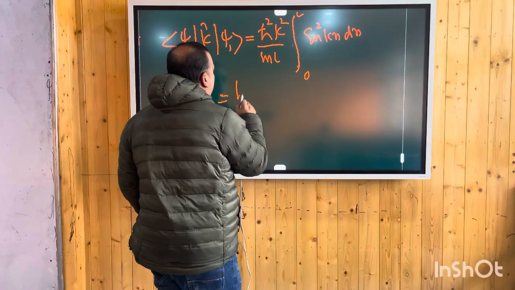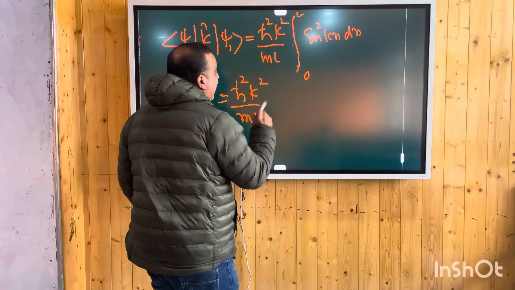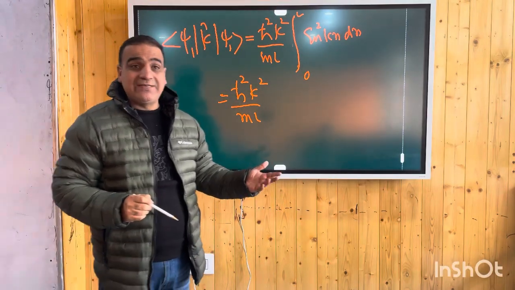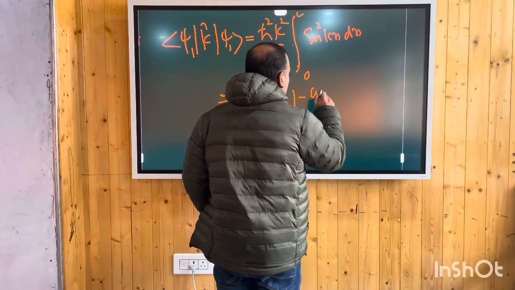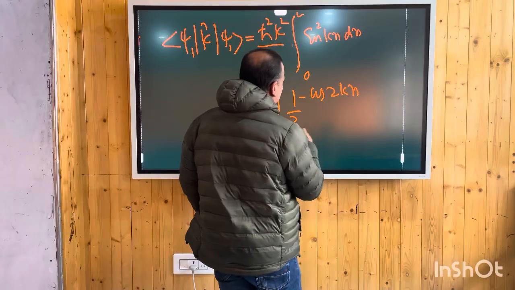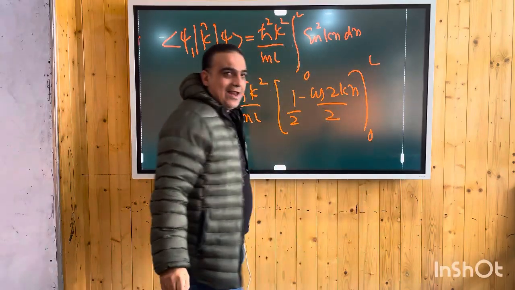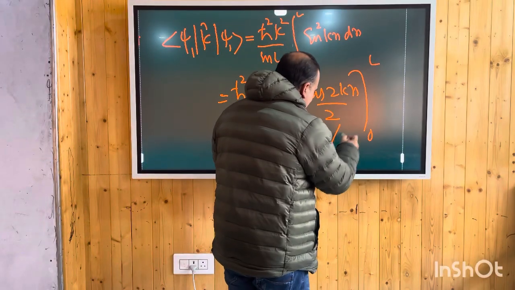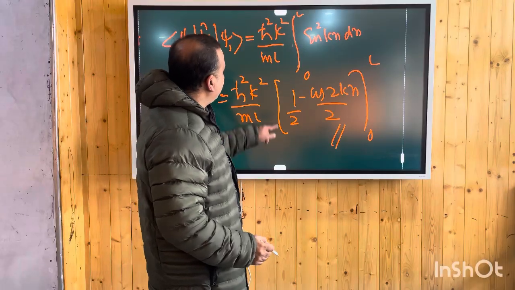So what you will have is h bar square k square by ml, and sine square theta is what? 1 minus cos 2 theta by 2. So we can do that. This is 1 minus cosine of 2kx, divided by 2, from 0 to L. And you have done this exercise many a time.